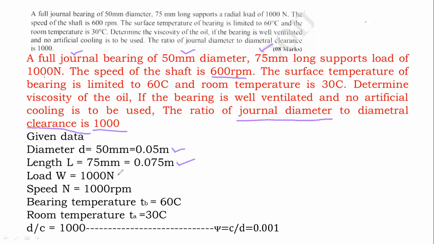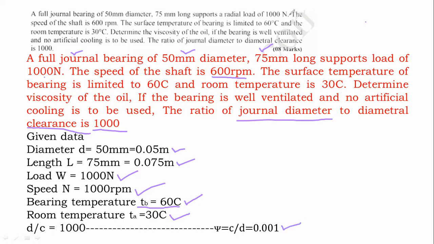Load W is 1000 Newton. Speed given is 600 RPM. Temperature of the bearing, TB, is 60 degrees Celsius. Room temperature is 30 degrees Celsius. And D by C is 1000. We want C by D, that is psi, so that is 1 by 1000, that is 0.001. These all are the given data.